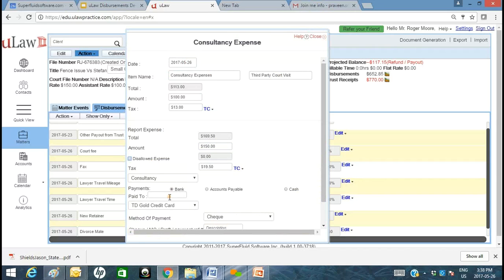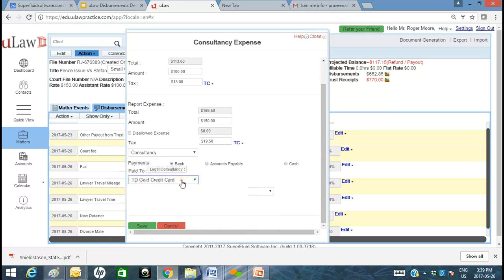Okay. Just going to call it the company Legal Consultancy Services Inc. And let's assume you paid it out of your general account and you wrote them a check for that amount. Keep in mind, this is what's being dispersed to the client, and this is what you paid for it.